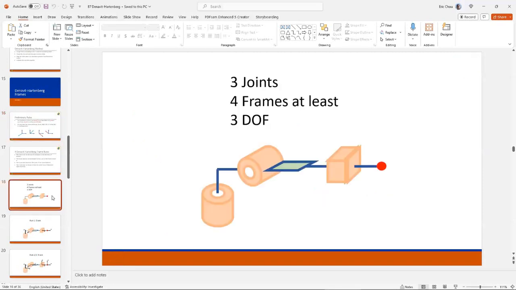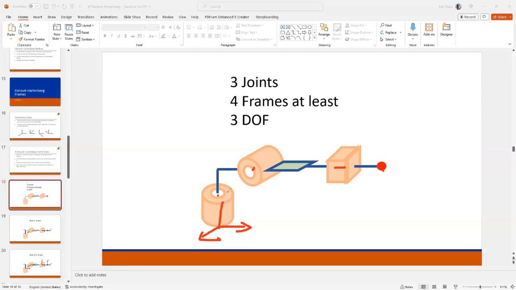So let's assume this one is a 3-joint, 4-frame arm. Right here I have a base frame. Second frame is based on this rotator, then an extender.